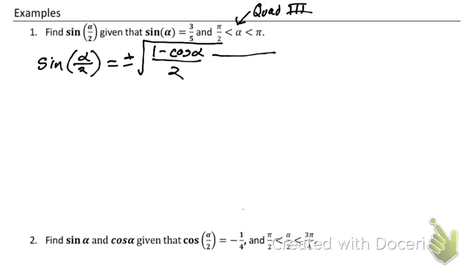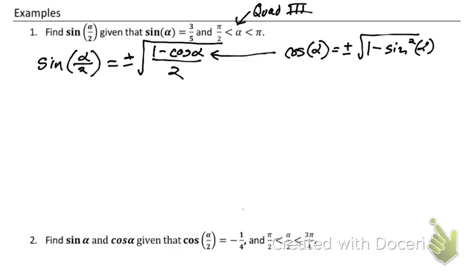Well, cosine alpha equals plus or minus the square root of 1 minus sine squared alpha. So it tells me exactly what to do. You don't know this. Find it.